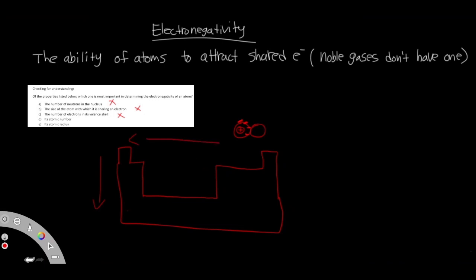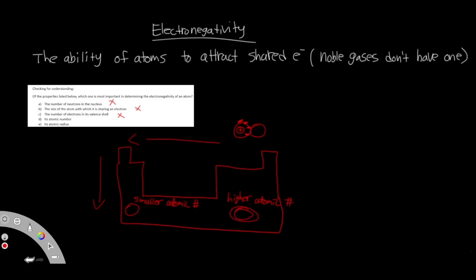If its atomic number is, let's say, here, it has a high atomic number, but another element here is even higher. So this is a higher atomic number. This one here is a smaller atomic number.